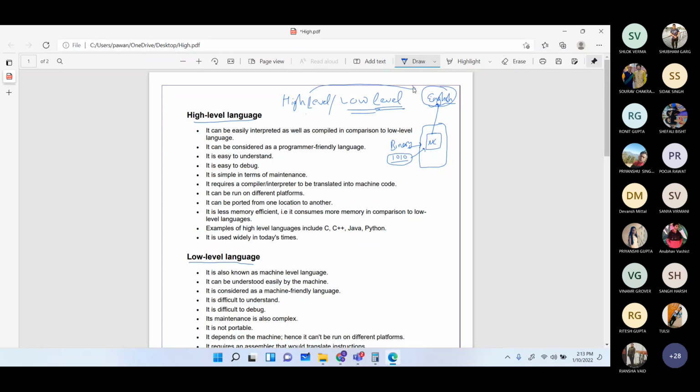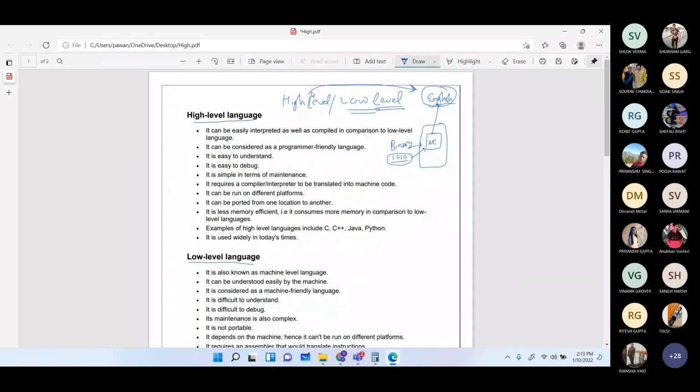So high level language is what is understandable by us. Level means understandable. The languages which are close to English, like C and C++, are called high level, or sometimes middle level. But anyhow, there are only two levels, low and high. Sometimes we call it middle, but it is high level language.